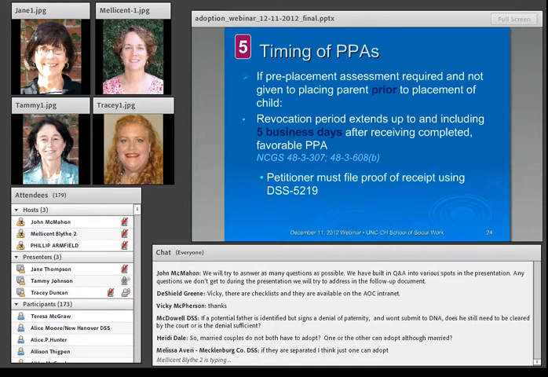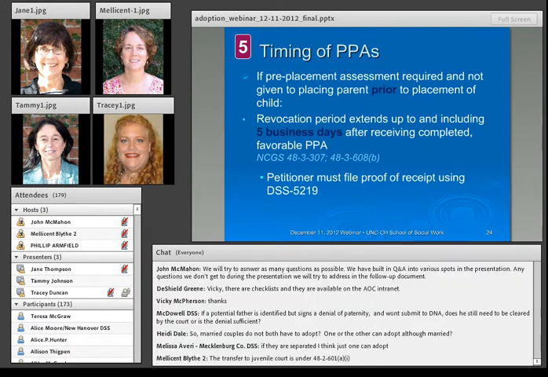I'd just be really careful with this, because how you know that they've been served with it is the DSS 5219, which the petitioner must file, showing proof of receipt that they have submitted this pre-placement assessment to the placing parent.